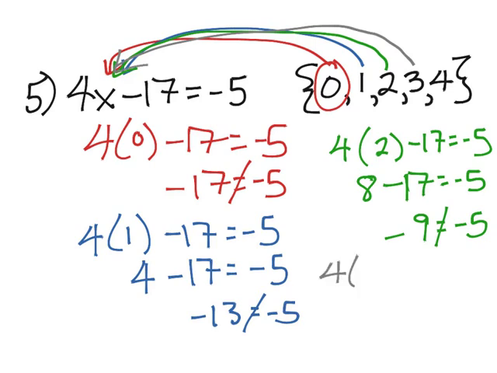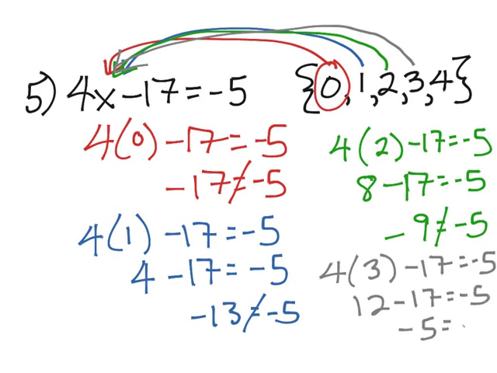Hopefully, we're really hoping right now that this is our answer. So 4 times 3 minus 17, is that equal to negative 5? We'll see. So we'd have 12 minus 17 equals negative 5, and what do you know? 12 minus 17 is equal to negative 5. So that would be our answer here. So we would say that our answer would be x equals 3. That would be our solution. Our lucky winner up top would be that 3.